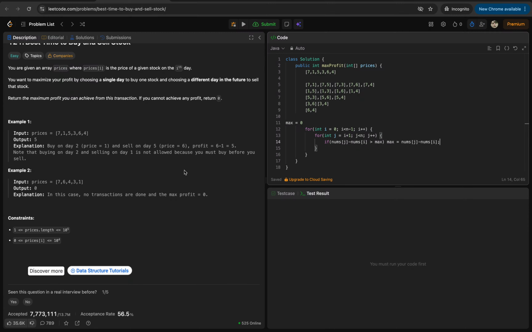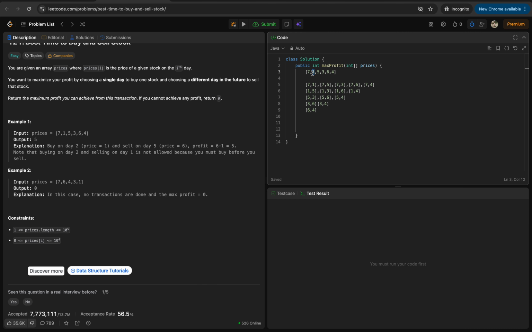Now coming to the optimal solution for this. In optimal solution what we do is, let's say we buy at this price 7. Okay, now we'll start iterating over this array and we find 1, right?